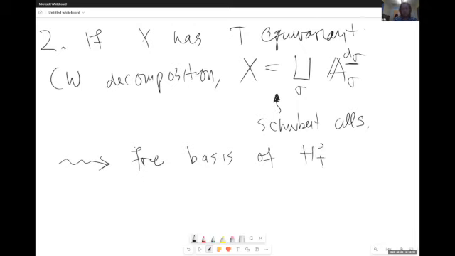H_T star of X as a module over C of x bar.